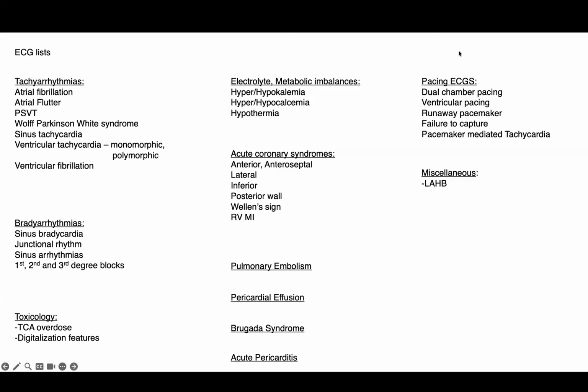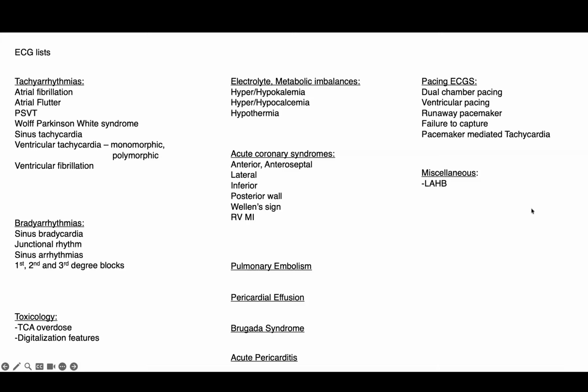So having discussed all of this, this is the list of ECGs that will be kept in the exam. If you have the time, please do prepare a list for yourself so that you can revise it. And also, when you answer in the exam, please don't go straight ahead and give the diagnosis. Mention it in a systematic format.